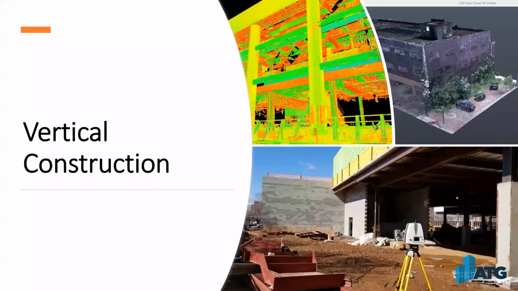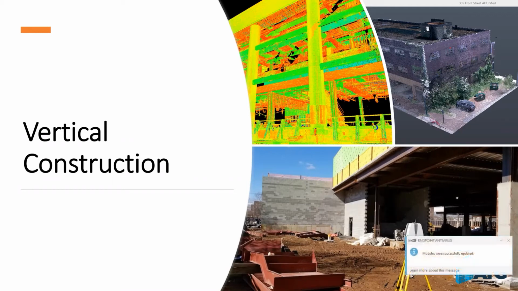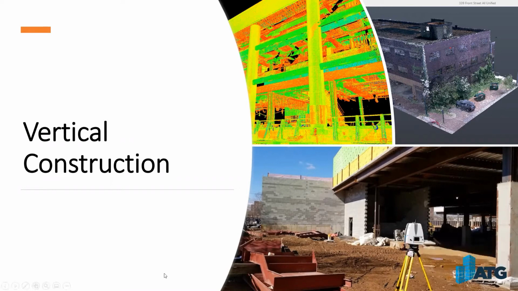Okay, so let's touch base a little bit on vertical construction. This is really where I've seen the industry kick off in the past 2 to 5 years. And it's been really great because when it comes to actually building it out in the field, a lot of times things don't get built exactly to plan.